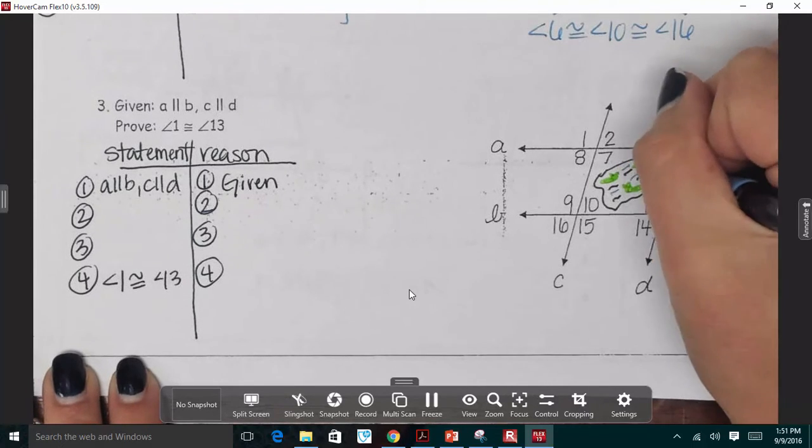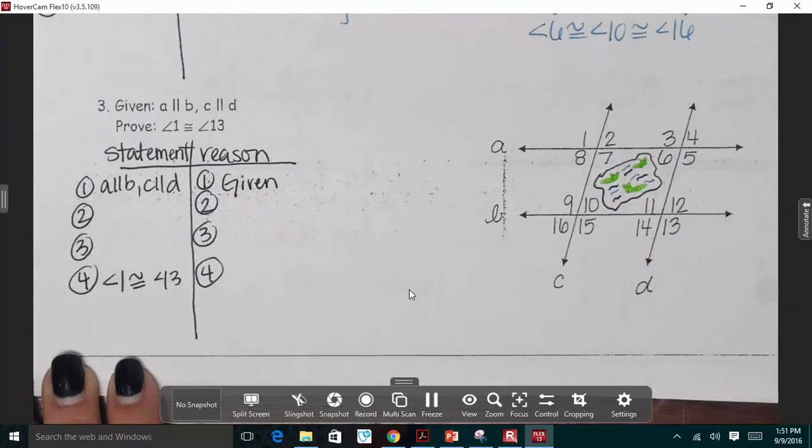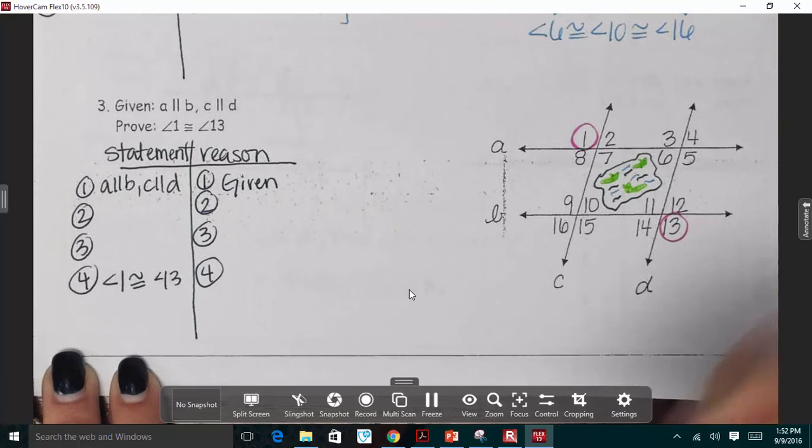Those green things, they're alligators. Okay, so the two angles that we're looking at is angle 1 and angle 13. So I'm going to circle angle 1 and angle 13. I have to start with one of those, okay?